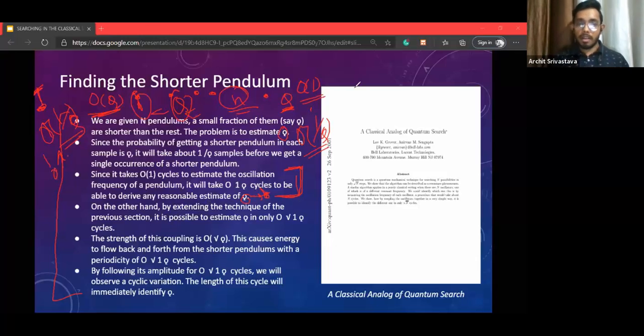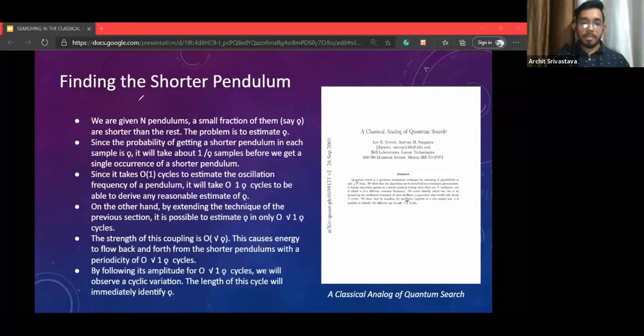So the big question comes: why even bother about this problem? As Abeer also rightly pointed out, there are many uses where Grover's search algorithm can be used, in encryption methods and various places.